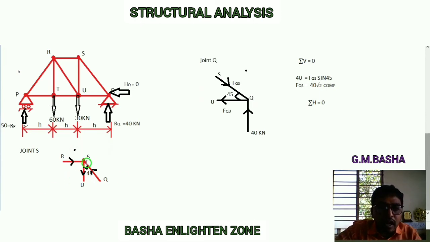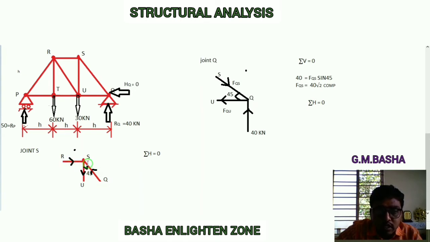See here, after that I am resolving this one horizontally. If the force in the member RS is acting towards the joint, right? Resolving horizontally, the force in the member SQ will be acting here like this, and the nature of the force will be compression, acting towards the joint, and the other is also acting towards the joint.